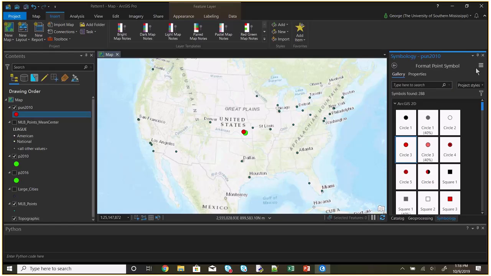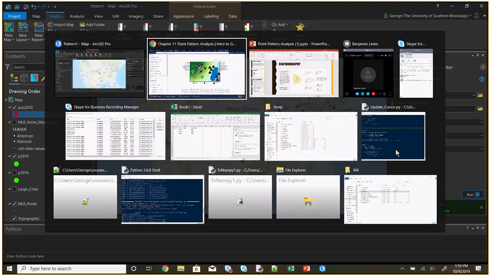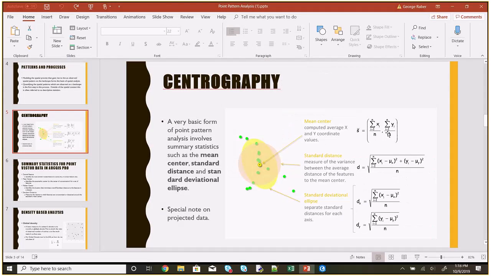So you weigh them by locations as large big cities versus population? Well, just the nature of the formula is the average x and the average y. So that's the spatial component, and the weights determine the rest. We multiply every one by its weight and then divide by the sum of the weights instead of just by the sum.